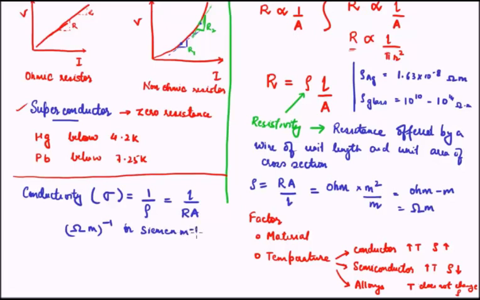Fine. Now we have seen the different concepts connecting resistance, resistivity, conductivity, material properties that affect it, and how temperature affects it. Now depending on the application where we are going to apply the material, we choose the material.